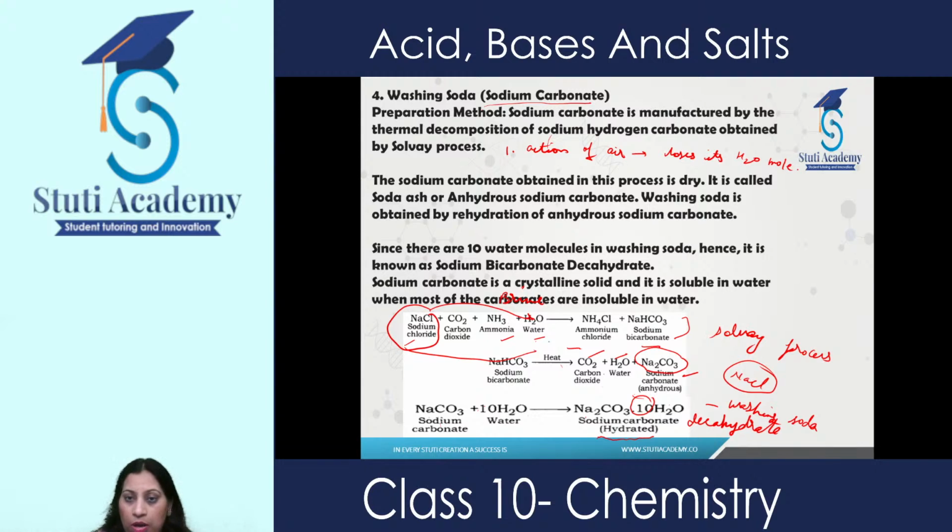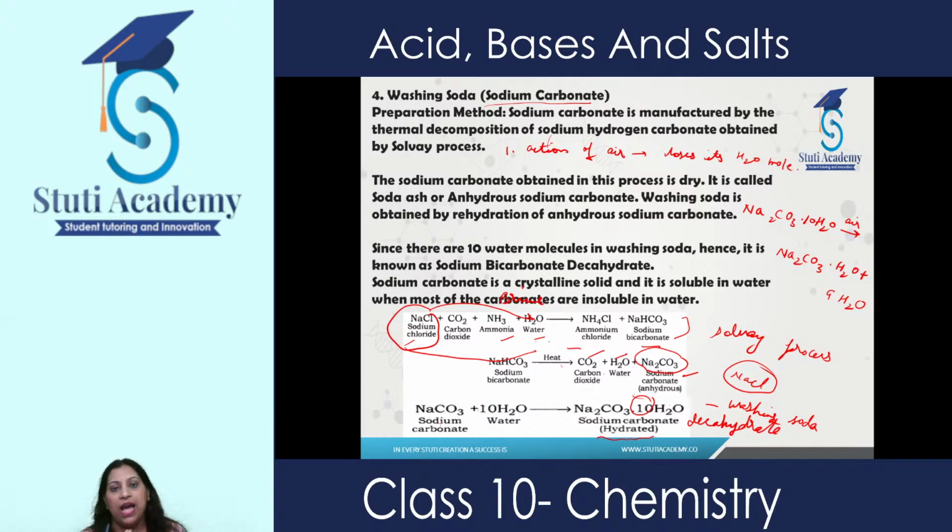So how do we write the reaction? Now look here, Na2CO3·10H2O. When exposed to air, it loses its water molecules and becomes sodium carbonate again, and it loses 9 of its molecules, 9H2O.